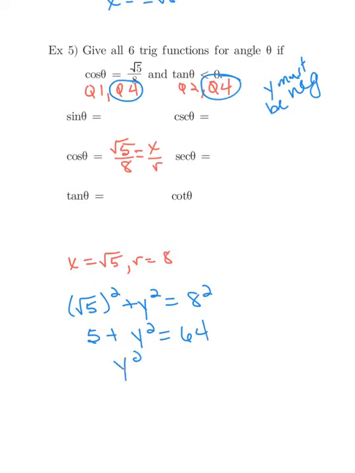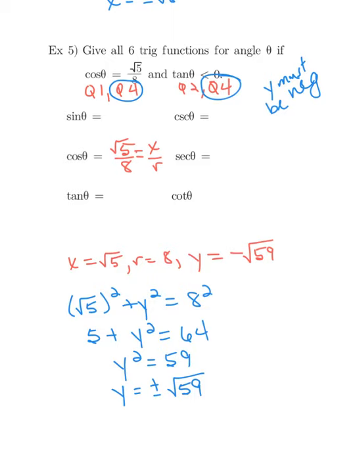Subtract your 5, you get y squared equals 59. Y has to be plus or minus the square root of 59. Now we know our y value, so we can go up here and say that y has to be, remember we said negative, square root of 59.